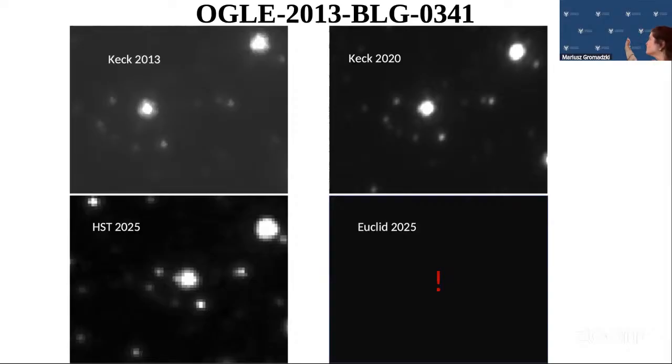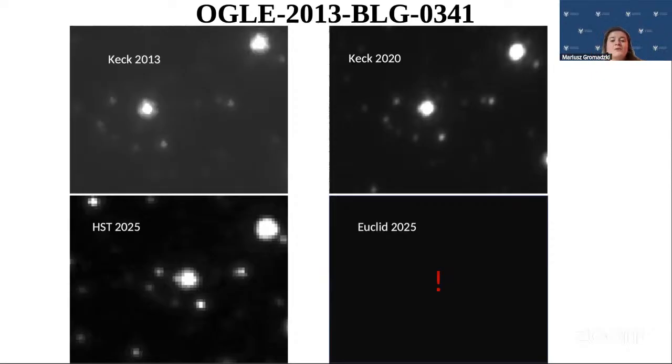From 2020, where we start to see a resolution, like a small lens appearing. We also have an HST epoch from 2025, where we can see the lens clearly appearing. And we also have a Euclid epoch, which I can show you. But don't feel bad, I also haven't seen it. I just know that it's there.